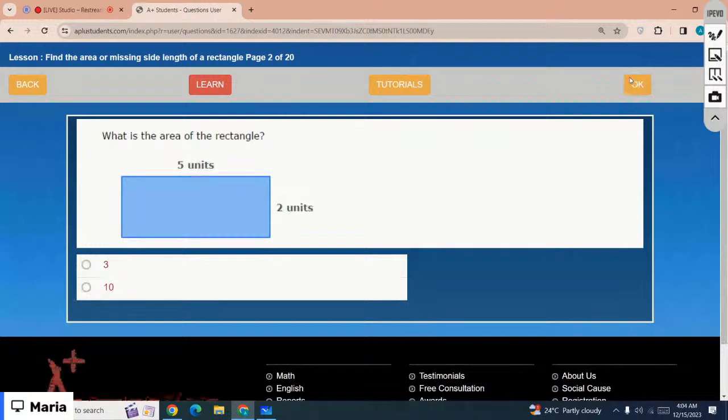Okay, the next one is what is the area of the rectangle? Which is the correct option? The correct option is, yes, that is again 10. 5 times 2 makes 10.